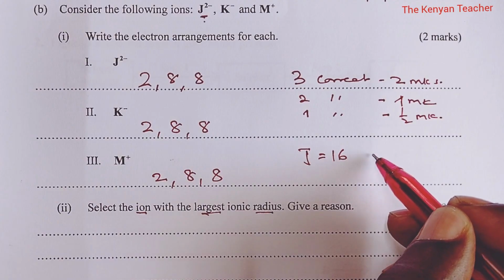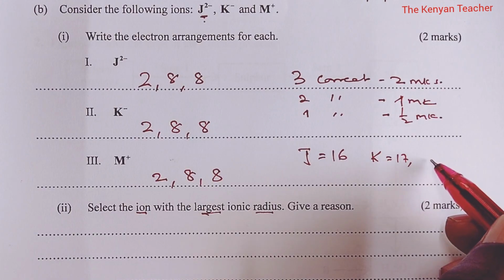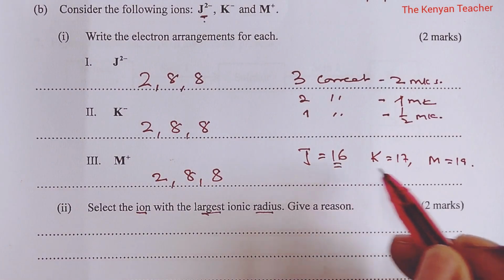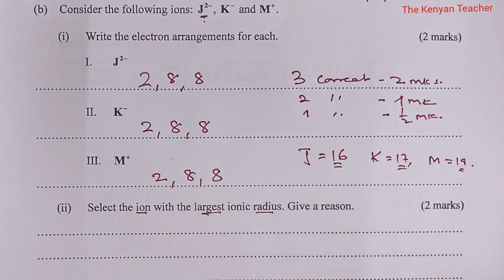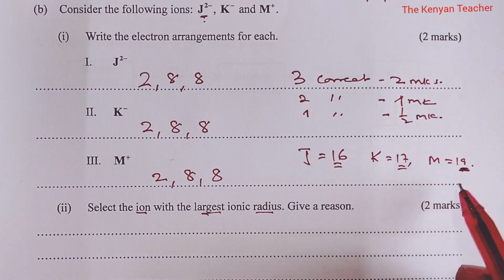J, number 16, K, number 17, and M, number 19. So these numbers represent the number of electrons on the energy levels, but they also represent the number of protons in the nucleus. So we realize M has the largest number of protons.